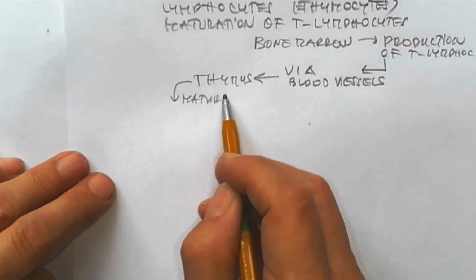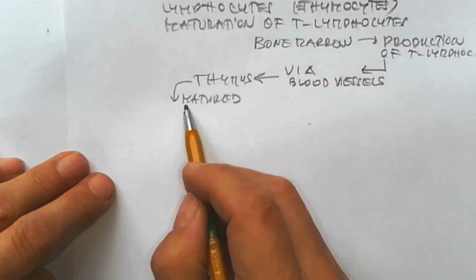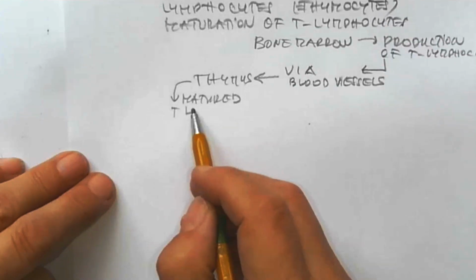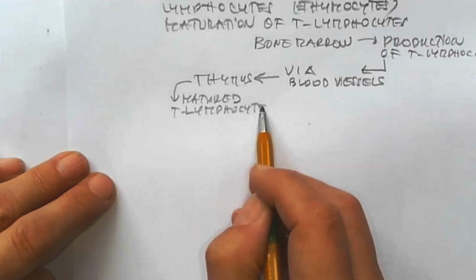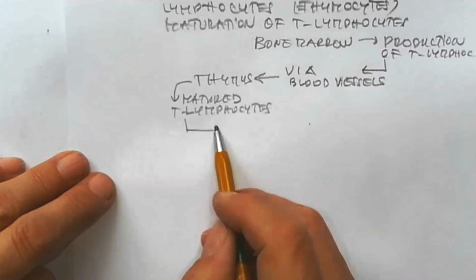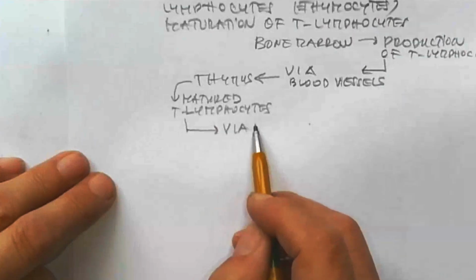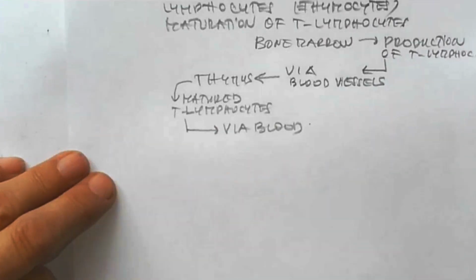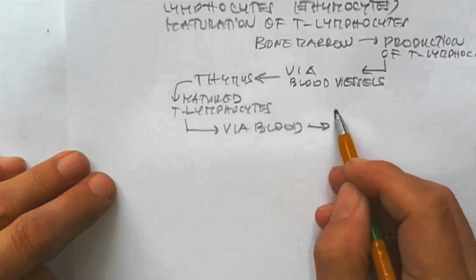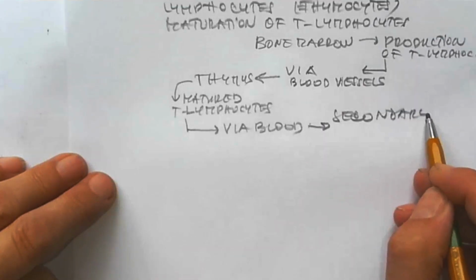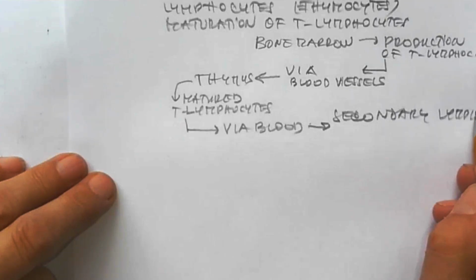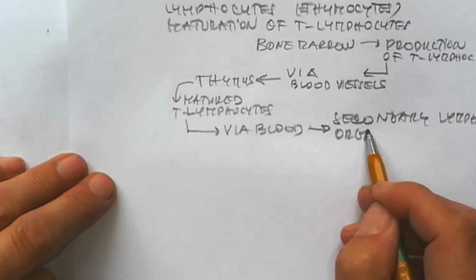Then, if they are finalized, fully matured, so then the matured lymphocytes are transported again via bloodstream to the secondary lymphatic organs. Do we know them? Yes.